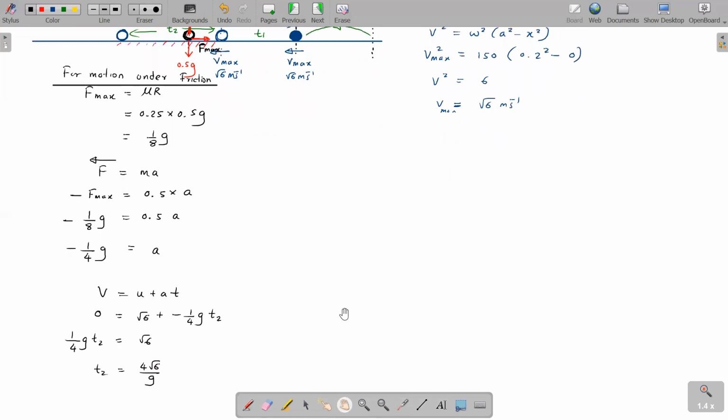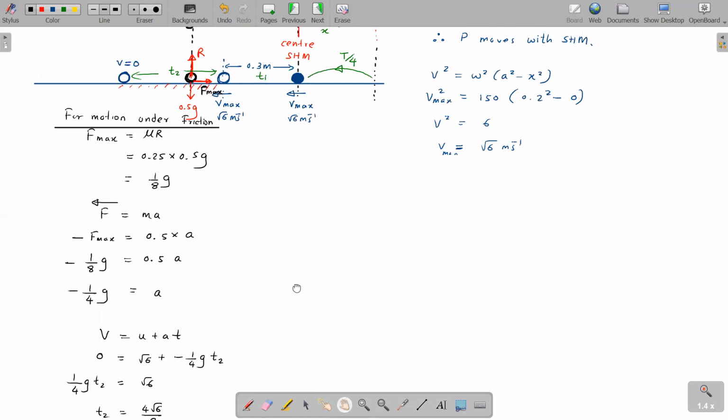This is the most difficult time to find here because there's a deceleration involved. So I had to apply F equals ma for the deceleration part, get the deceleration, and then apply v equals u plus at. Then the next part is the time for motion under constant velocity.